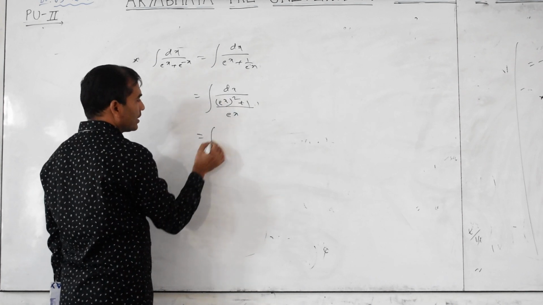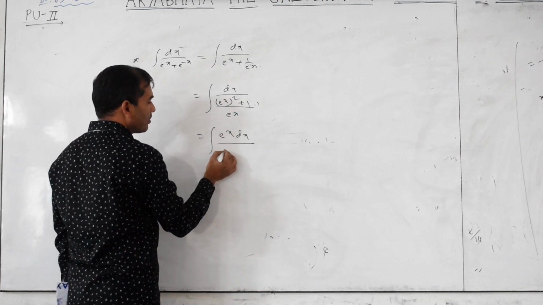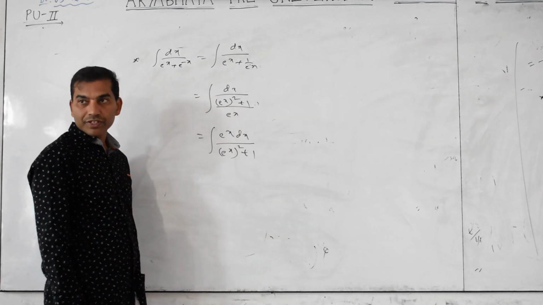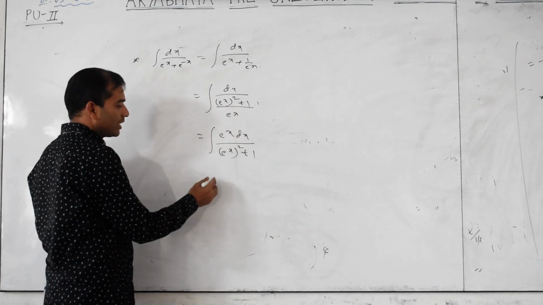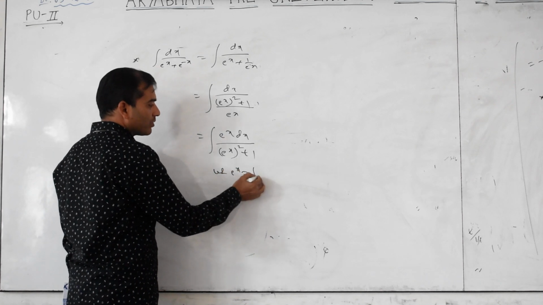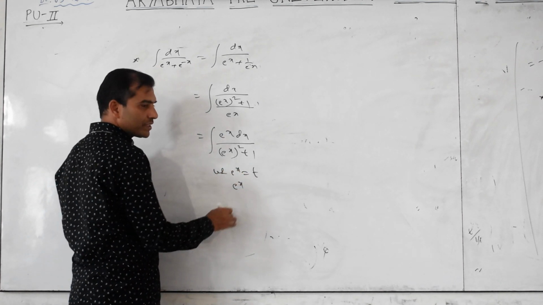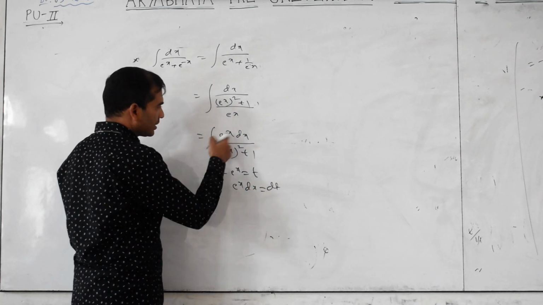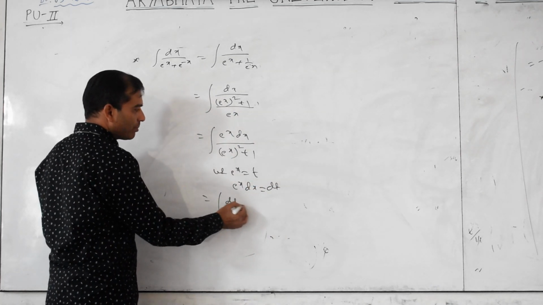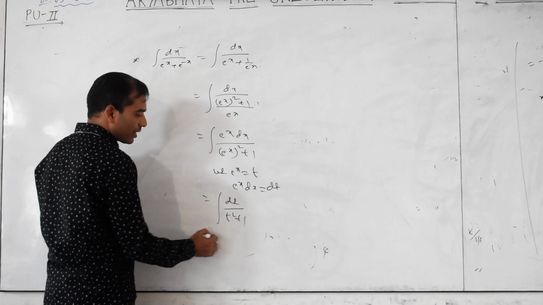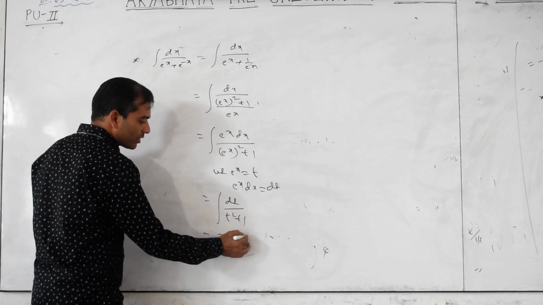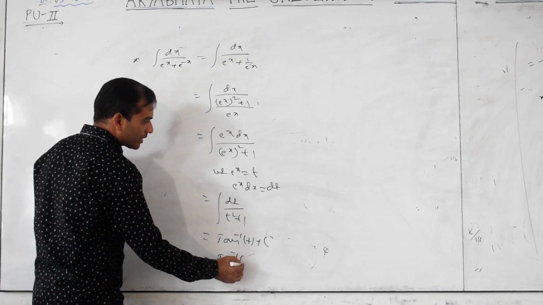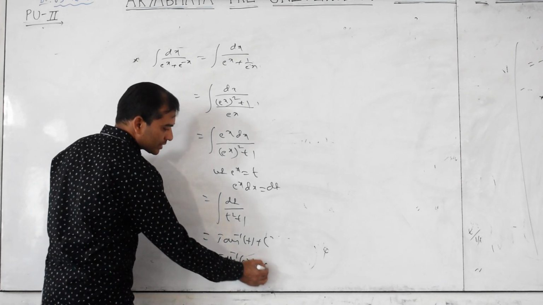Take up e raised to x into dx by (e raised to x whole square plus 1). Which derivative is there? Let e power x equal to t. E power x dx equals dt. So dt by t square plus 1, which equals tan inverse of t plus c, so tan inverse of e raised to x plus c.